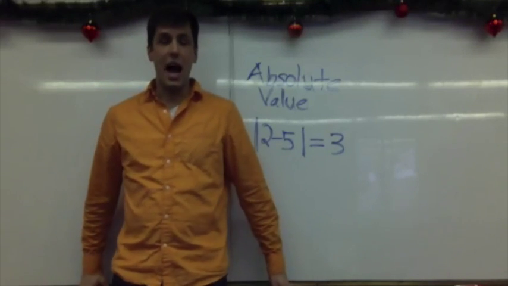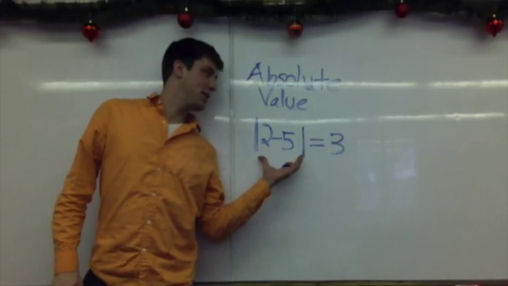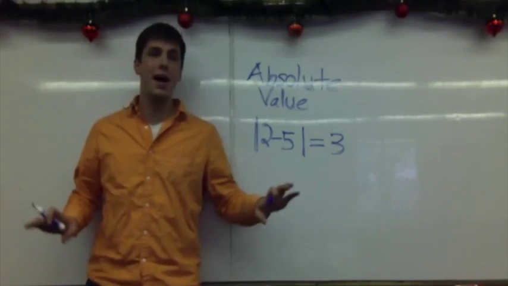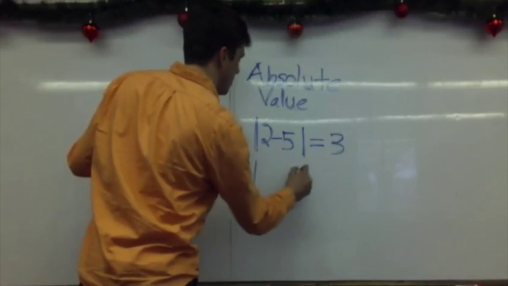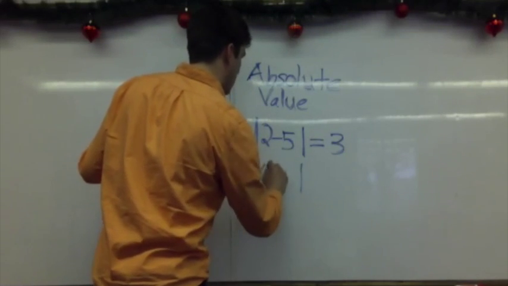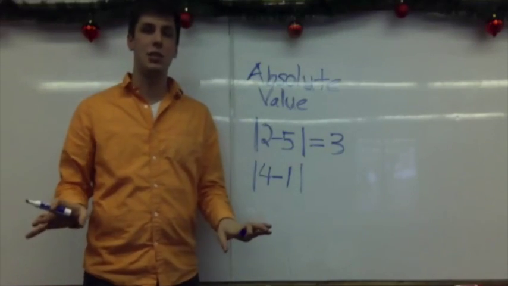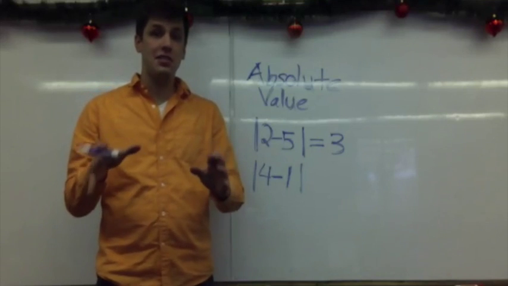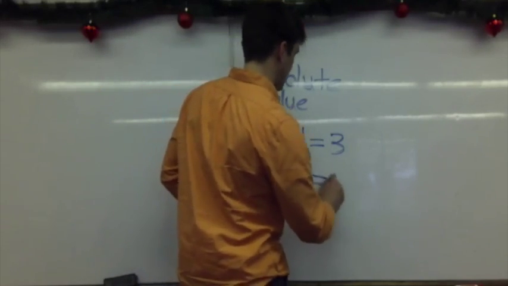Now, we aren't taking opposites here. What we're doing is we're changing anything that happens within these two lines to a positive, no matter what. So even in a problem where you do 4 minus 1, we know that 4 minus 1 is positive 3. All the absolute value does is check, is it positive? And if it is, then we're set.